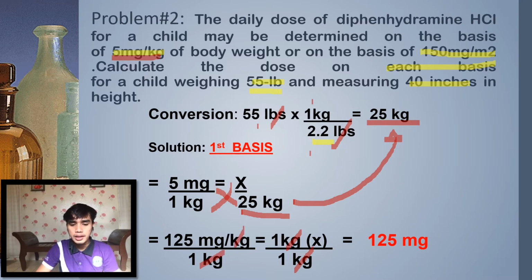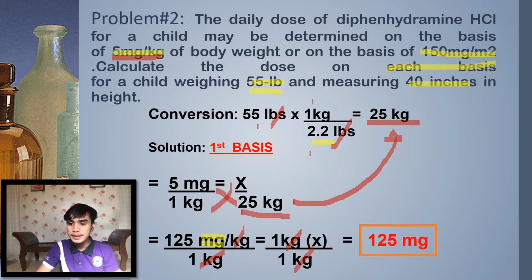And that will leave milligram as the unit alone. So now we have the answer, which is 125 milligram. So that is the dose for our first basis, which is 5 milligram over 1 kilogram.